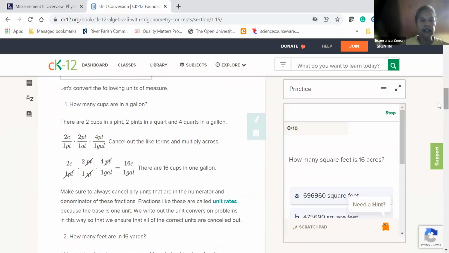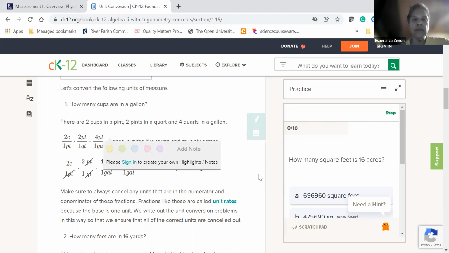And so let's assume that this 4 pints is actually 4 quarts to a gallon. Then you would be canceling out the pints because those are like units in your math there. And then you would cancel out the quarts because that 4 right here should actually be quarts.